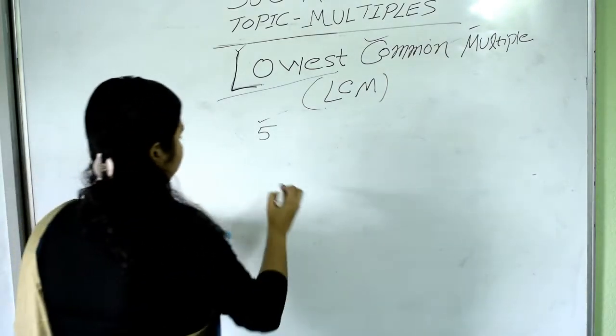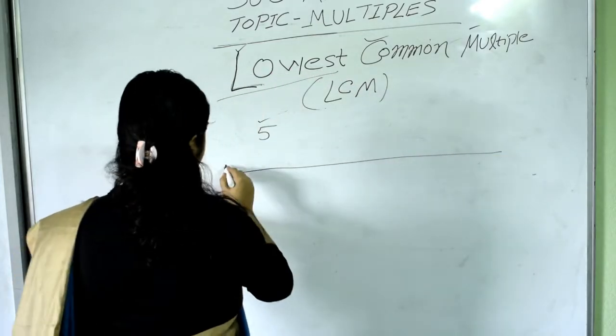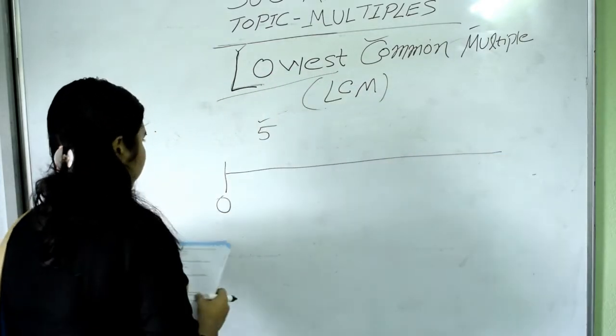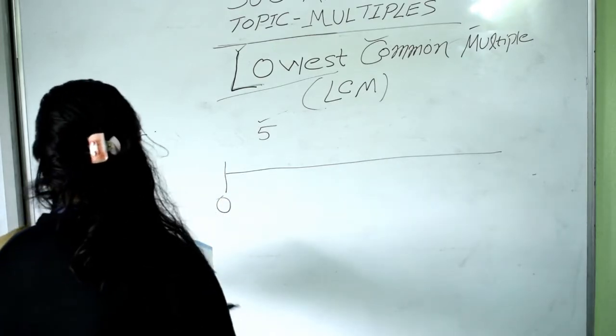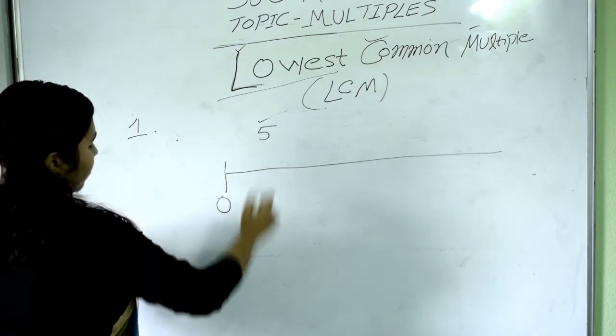Now we have to show the same thing on a number line. So first draw the number line. Start from 0. This is the positive side, because multiples are all positive.